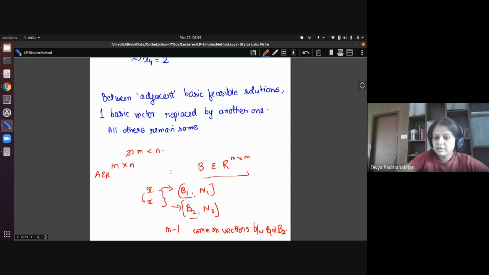In place of the one which went out, you bring in one of these other columns. One of these other columns is going to enter, and that would give you B2. So that is a view of these adjacent extreme points, and that's what the simplex method uses extensively.